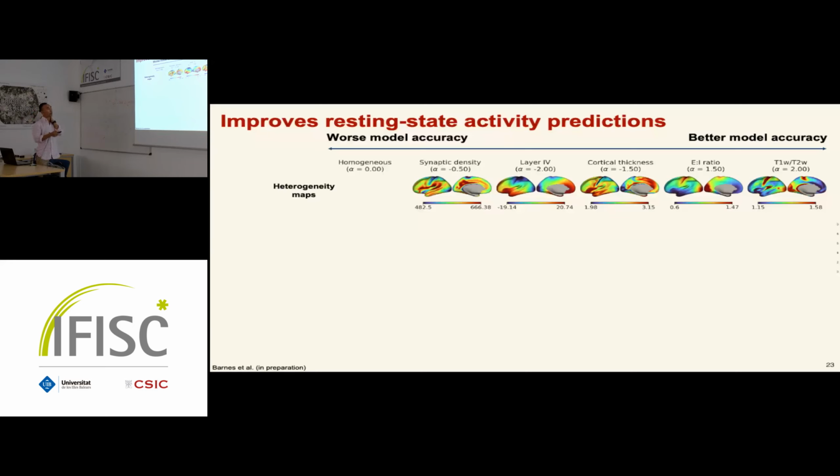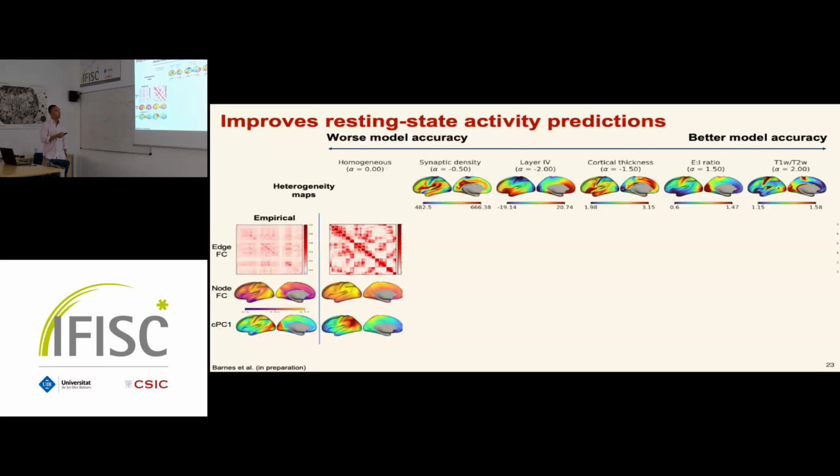Cortical thickness, obviously. We also have maps of ratios of excitatory and inhibitory activity. And again, my T1, T2 intracortical myelin. And then we use typical measures in the fMRI world to approximate the statistical properties of your empirical FC in this case.